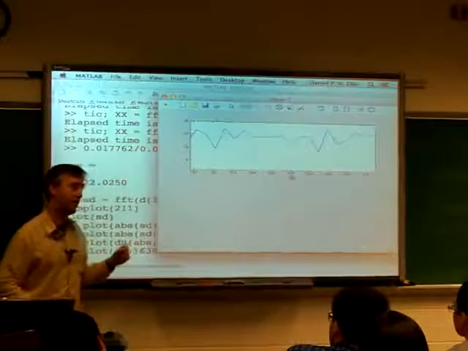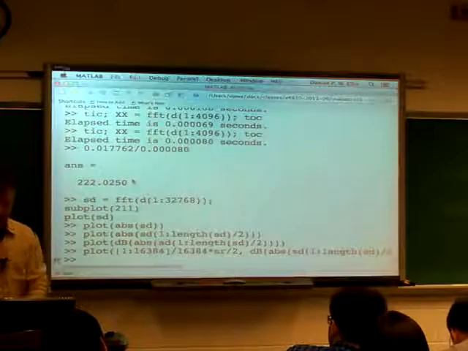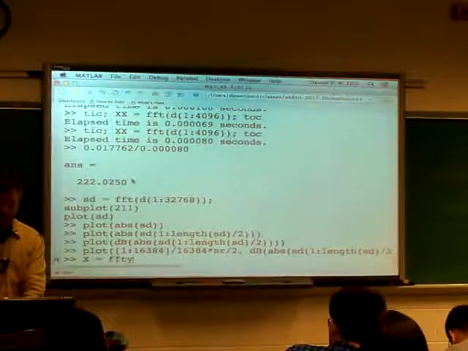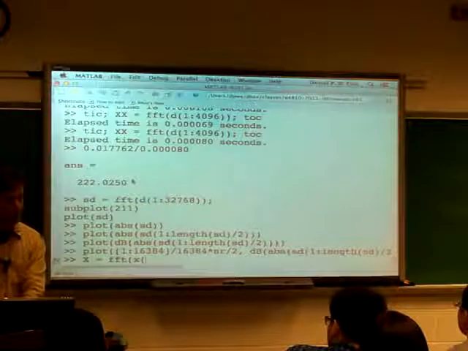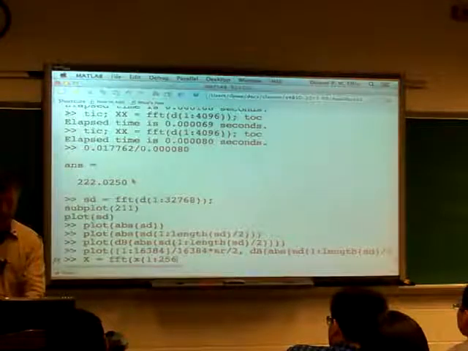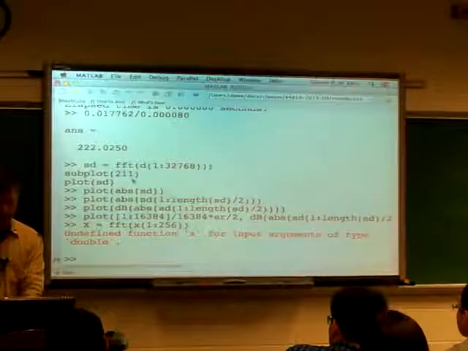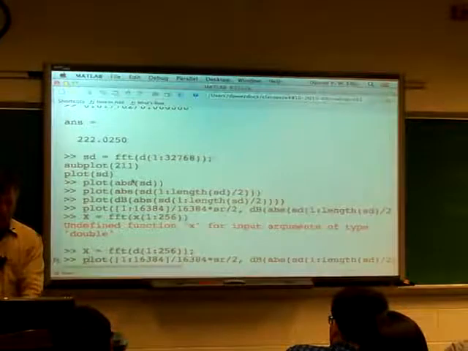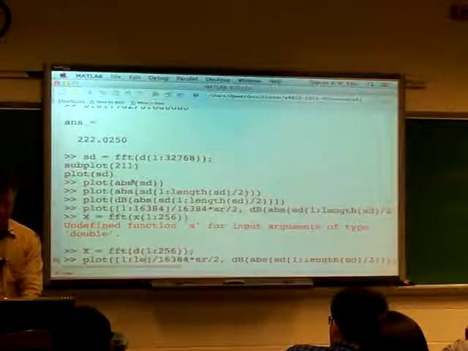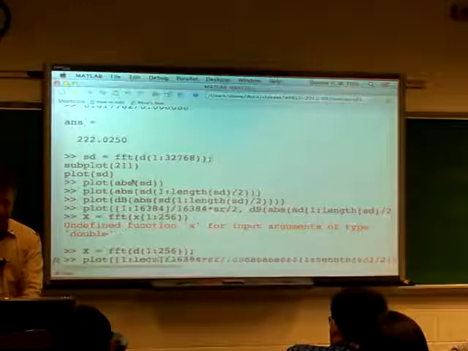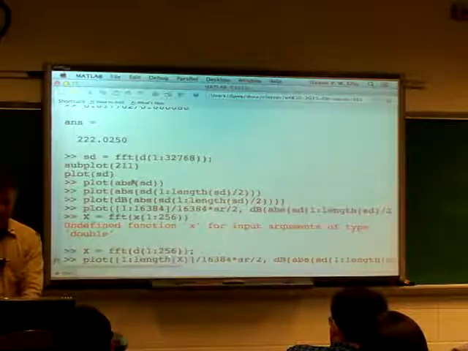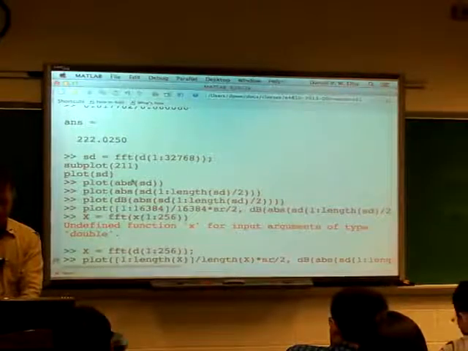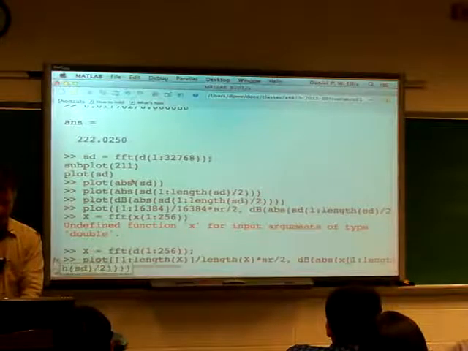If we had a shorter signal, say X is the FFT of some 256 point signal, and we try to plot that, now I really do want it to be length of X divided by length of X times SR on 2.